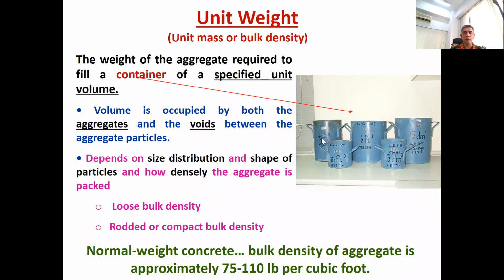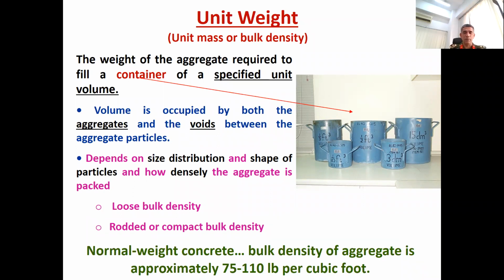And when you fill this container with aggregate, the volume is occupied by both aggregate and void. Because there are voids between the aggregate particles, and this void depends on the size distribution of the aggregate, whether the aggregates are of big sizes or smaller sizes, the shape of the aggregate particles, and how densely the aggregate is packed.